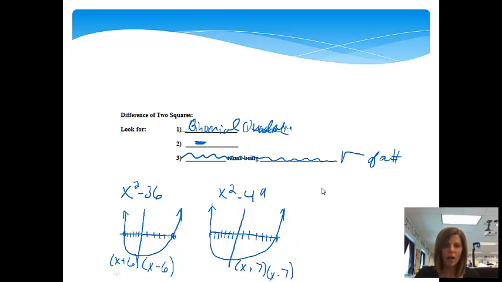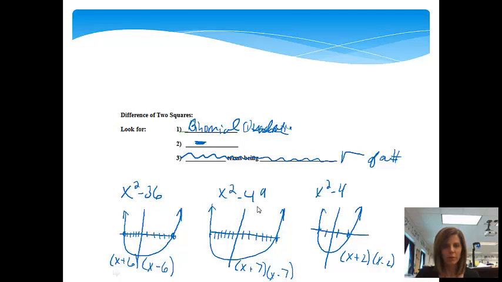If we did x squared minus 4, this is what it would look like graphed. Notice, since it's hitting at 2 and negative 2, the way that this would factor is x plus 2 times x minus 2. So hopefully you're seeing a pattern there. The square root of 36 is 6. One is plus 6, one is minus 6.